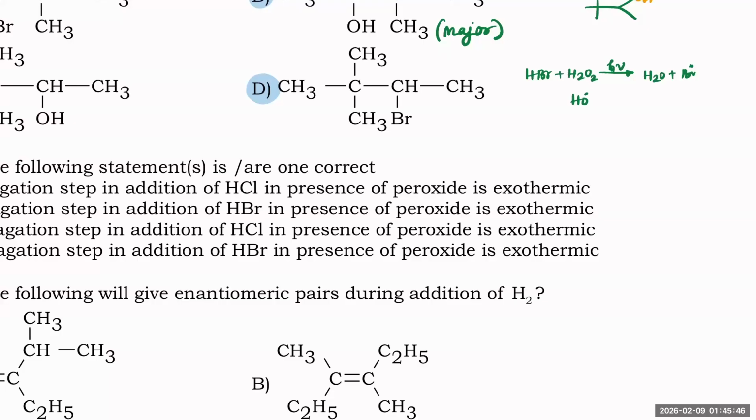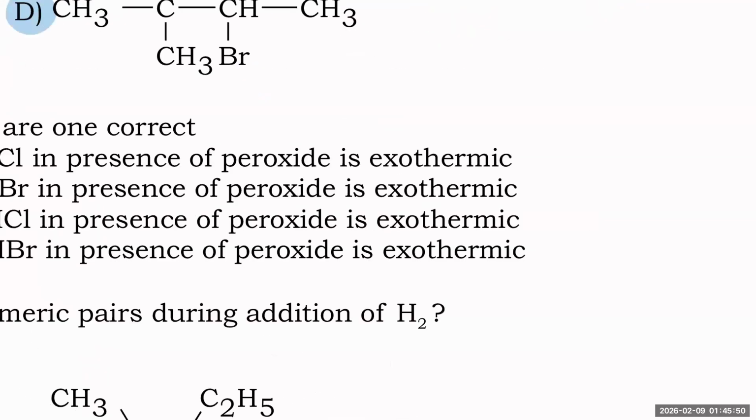So if I have to write the complete steps one by one, please let me write all the steps here. First is peroxide, H2O2, in the presence of light, becoming 2 HO dot. So this is called the initiation step.